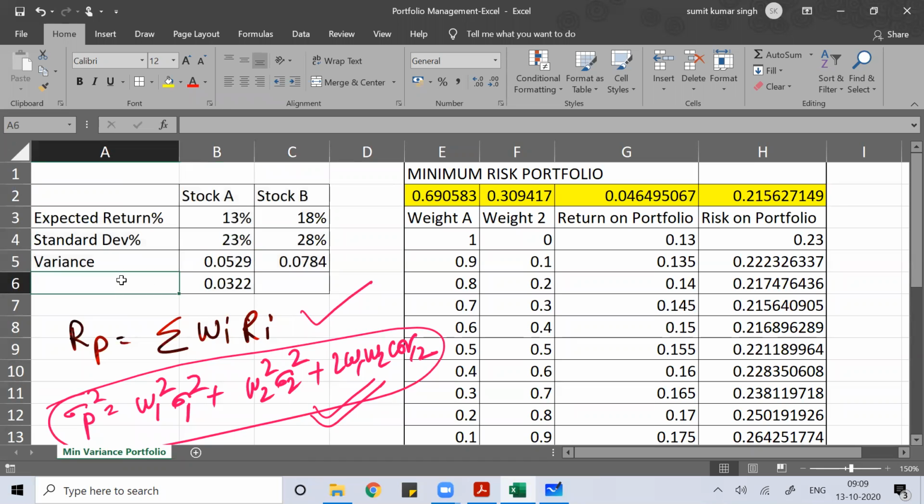What matters here is what percentage of money you put in stock A and what percentage of money you put in stock B.